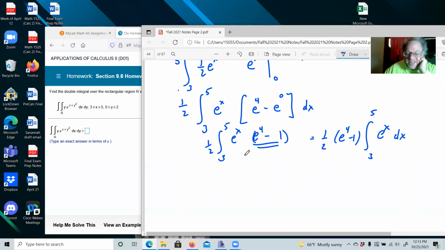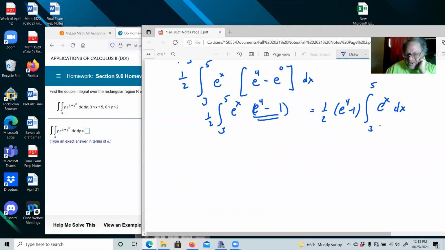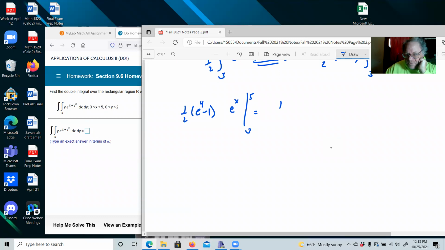All right. So let's see here. We have 1/2 e to the 4th minus 1. Okay. We have e to the x from 3 to 5 because the integral of e to the x is e to the x. So we have 1/2 e to the 4th minus 1. And then we're going to have e to the 5th minus e to the 3.